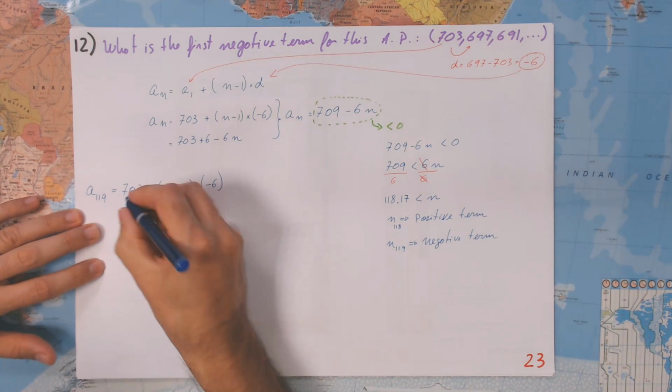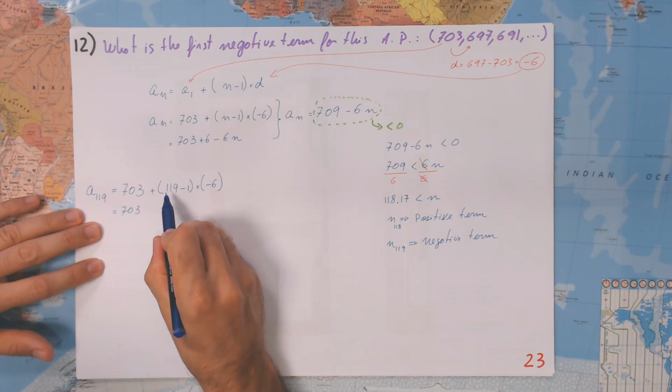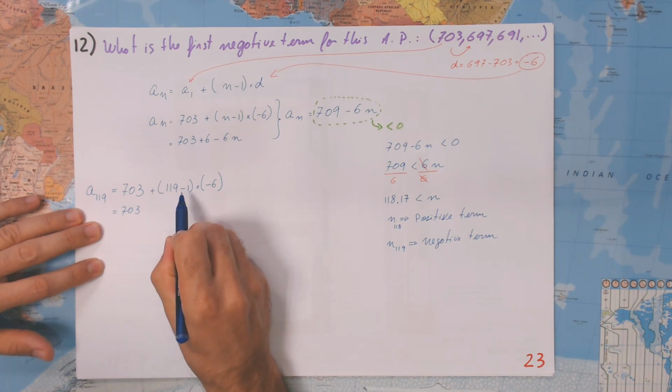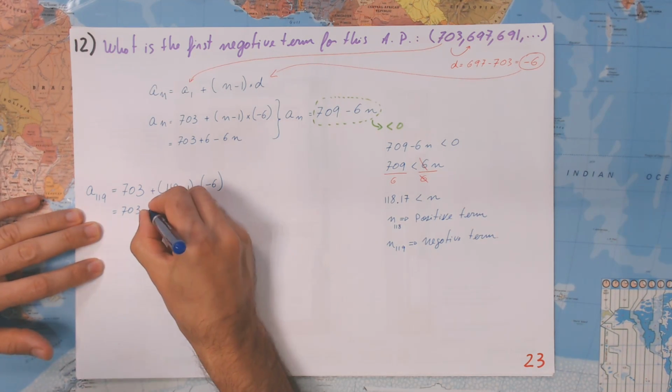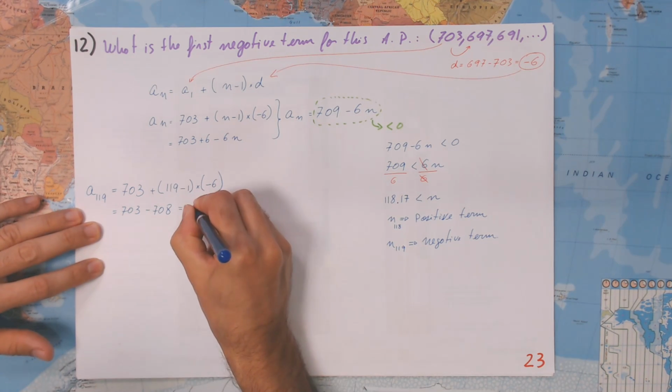And this is going to be what? 703, this is going to be 118 times minus 6. This is going to be minus 708, and this is going to be indeed minus 5.